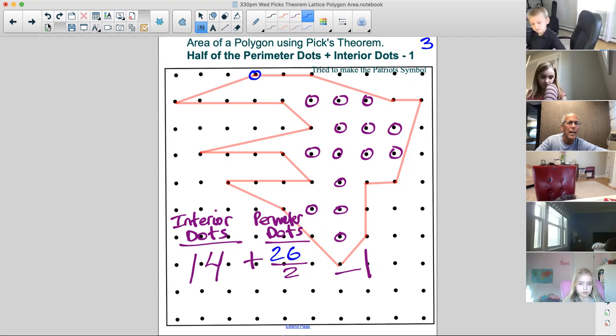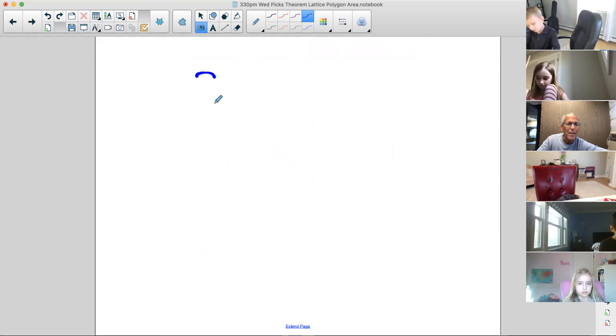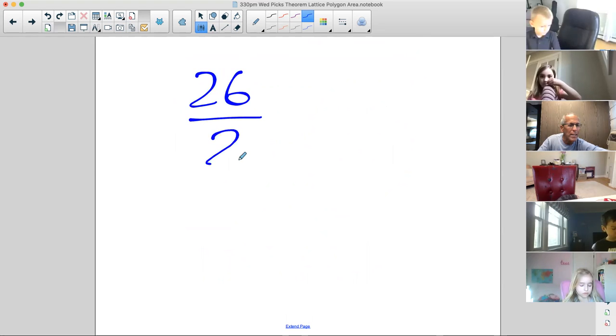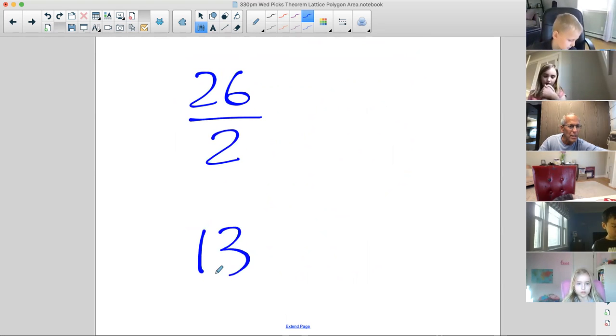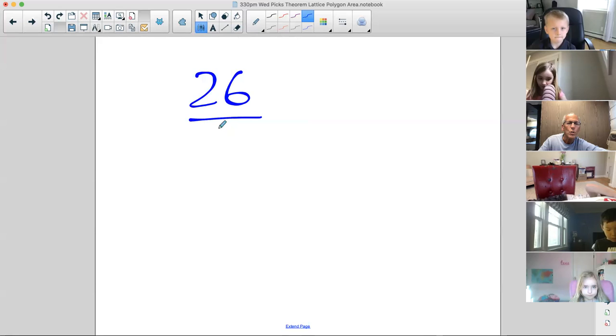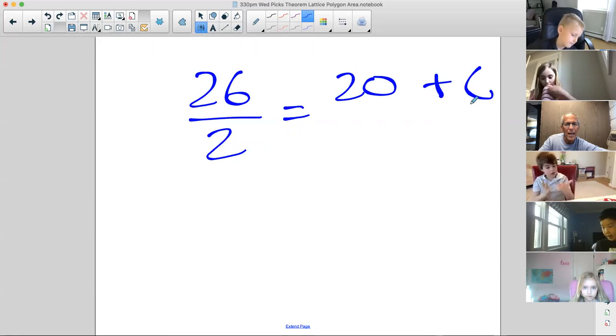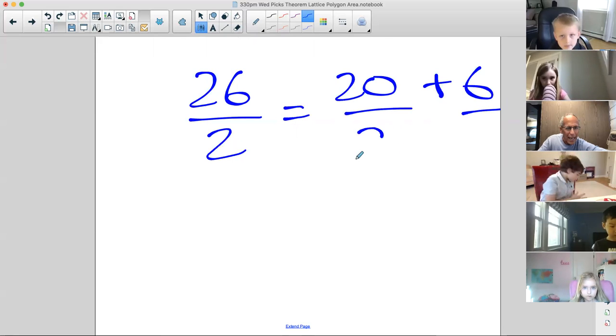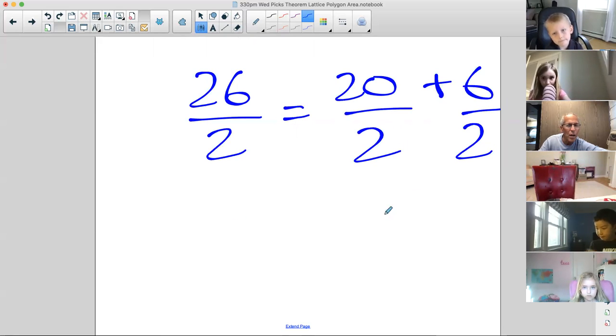Now, wait a minute. Brennan said that half of 26 is 13. Now, for me to check his answer, I'm going to partition 26 to 20 plus 6. I'm going to take half of each number.